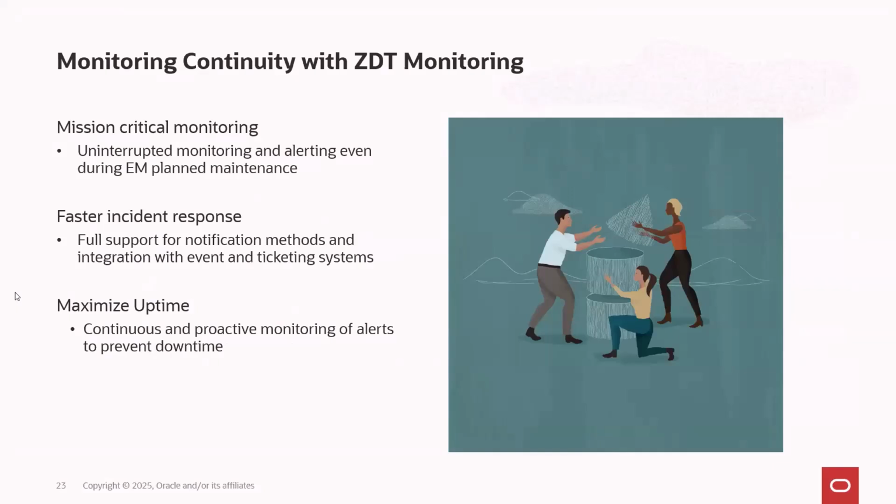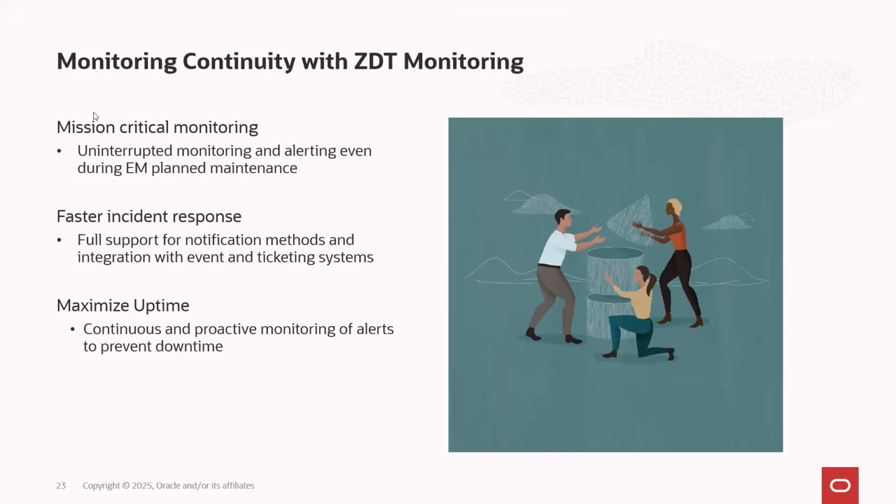Okay, so that was a short demo, but hopefully it gives you an idea of how you can, with ZDT patching and monitoring, continue to receive alerts and have these notifications sent for them even during planned maintenance.